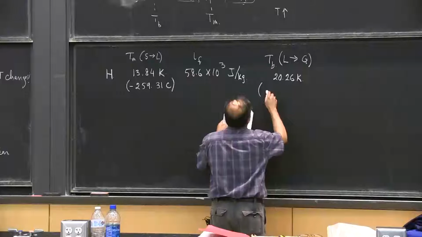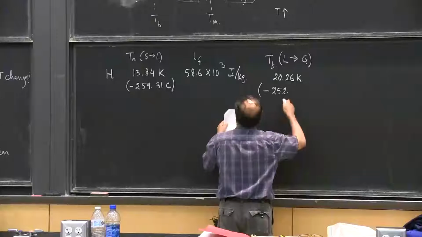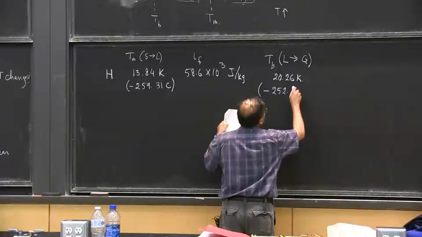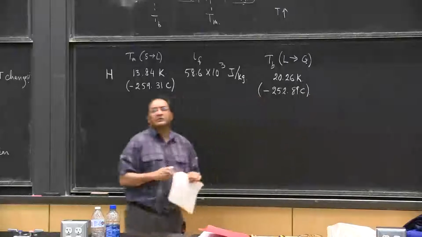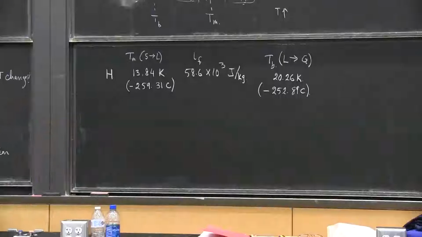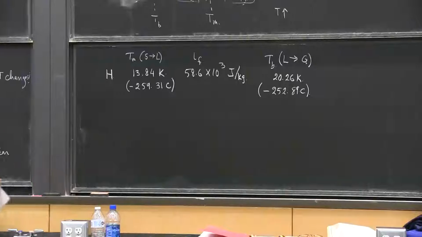So that would be minus 252.89 degrees Celsius. So as you can see, the solid phase of hydrogen is more stable. The liquid phase of hydrogen is over the relatively short window of temperature, less than 7 degrees.